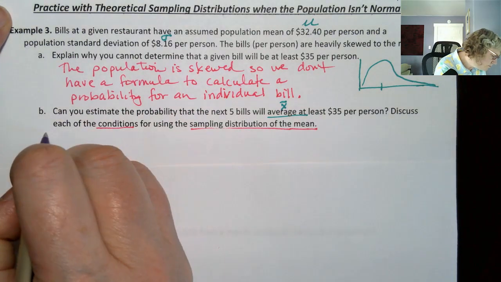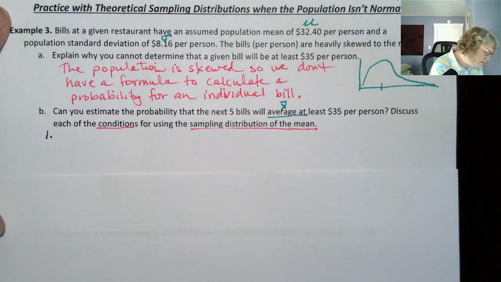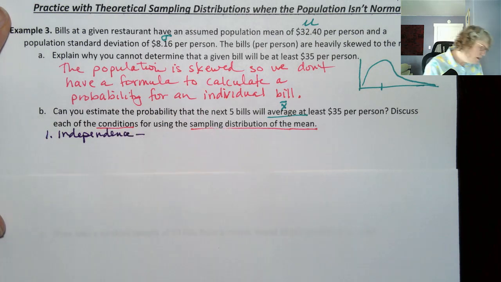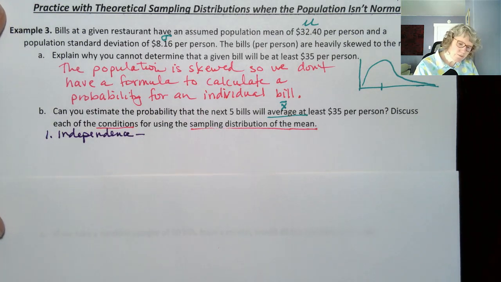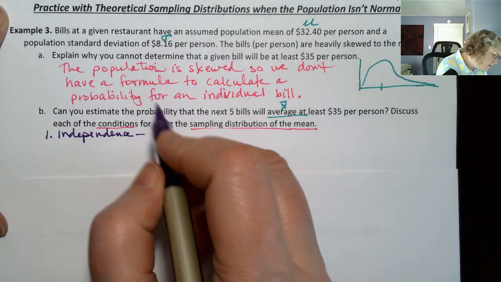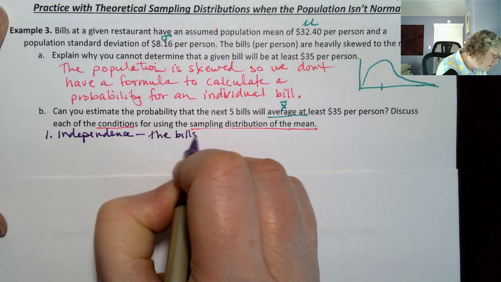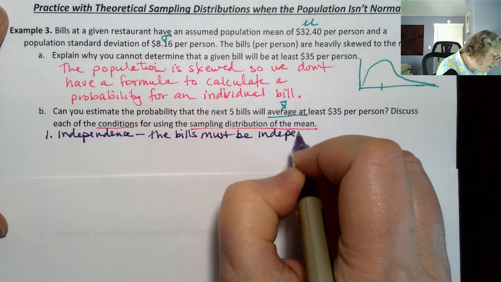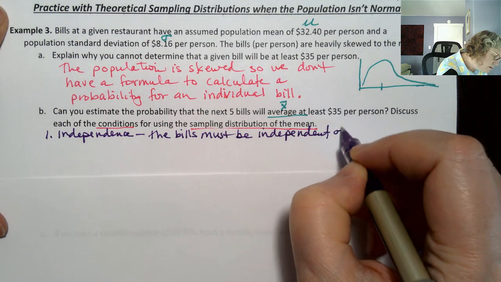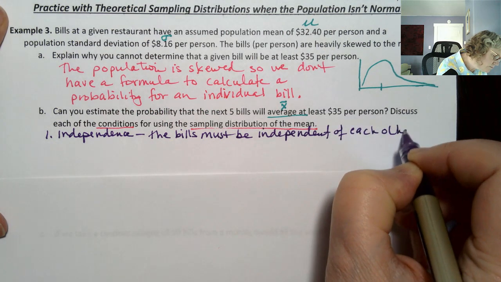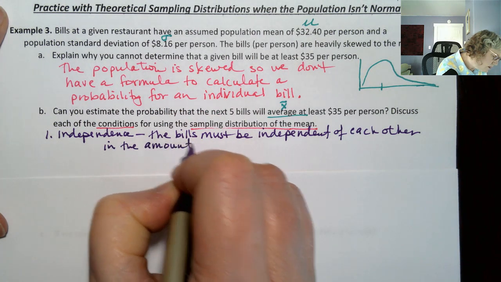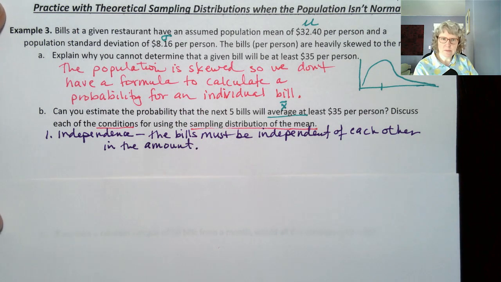So let's just start with number 1. That is independence. We need the bills to be independent of each other in terms of the amount, because we're talking about the amount of the bill.